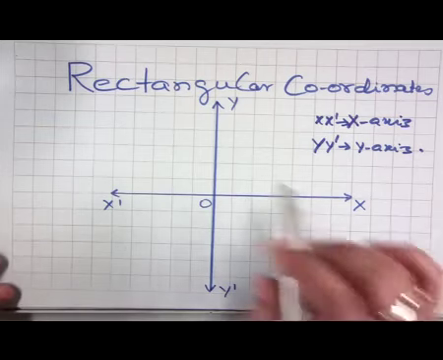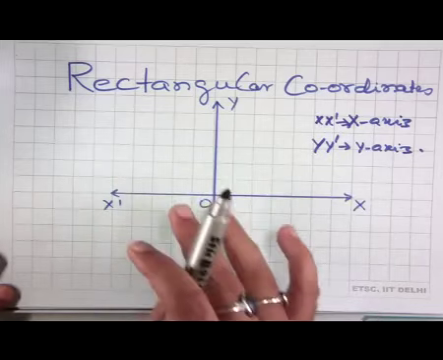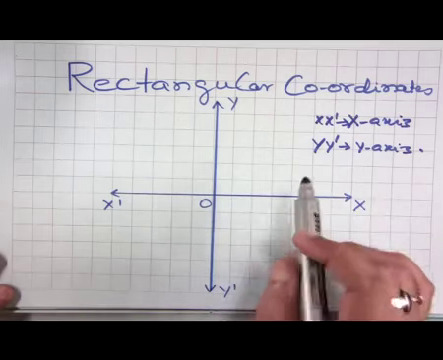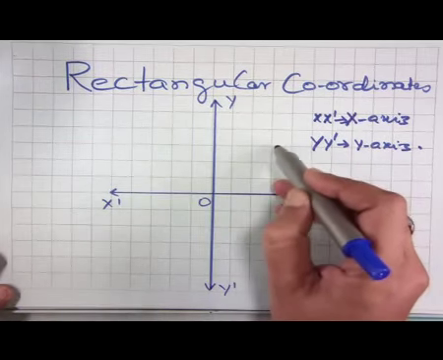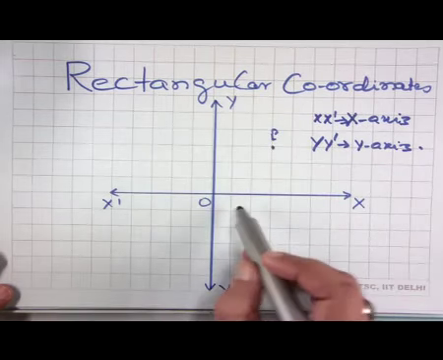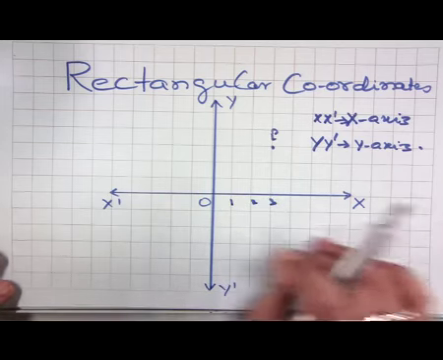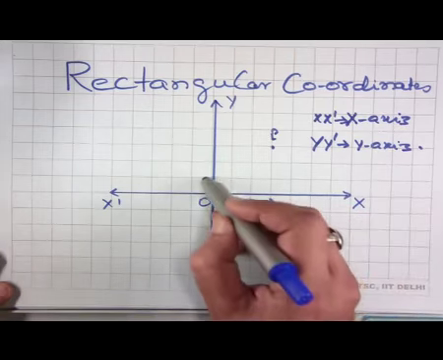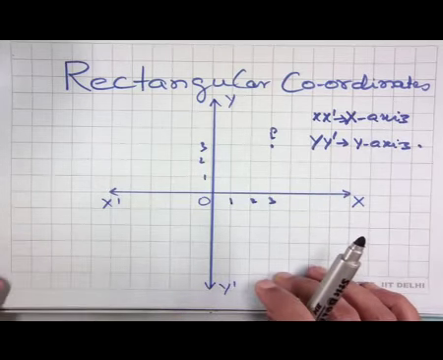Suppose you have to locate any point on this plane. We know that in this plane we have infinitely many points, and every point has its unique position, unique location. Say this point P. Now this point P is at 3 distance on the x-axis and also 3 distance on the y-axis.